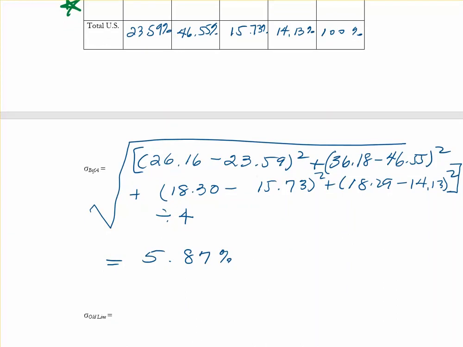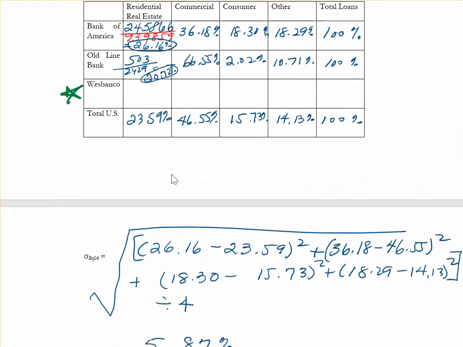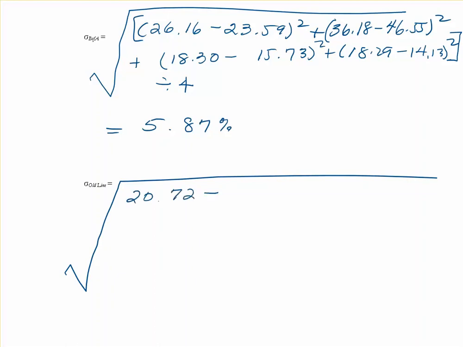Right? And then we'll do the same thing for Old Line. So we're going to take 20.72 minus 23.59, 6.55 minus 46.55, and so on. You'll have to look at your printout or your notes there, because I can't fit them all in to one screen, so I'm writing it. So this is the residential, and then we have commercial, and we have consumer.